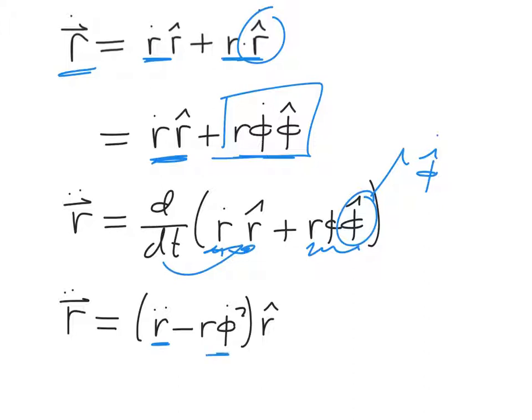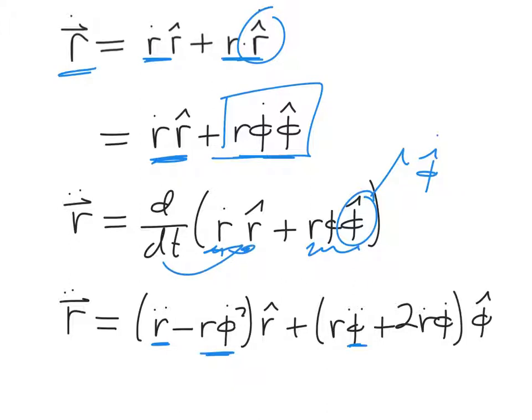And then you get this other term, which, as we'll see, has to do with centrifugal accelerations. Then you get another component for the acceleration vector, r phi double dot. So this is the angular acceleration here, plus another term that kind of mixes the velocities. And all of these point along the phi hat direction.